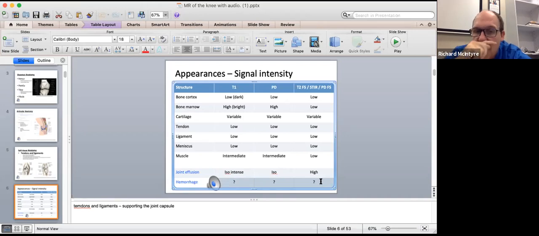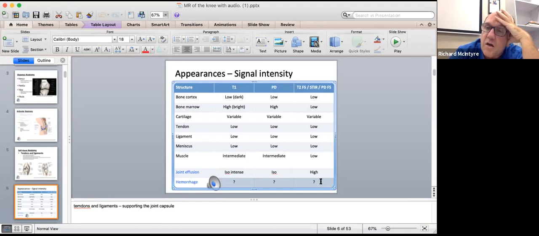Okay, so we know, and it also depends on the type of sequence. We know that new bleeds, the ferritin in the blood causes dephasing in gradient echo, so it's going to be dark. As the blood evolves over the next couple of days or weeks, the composition changes, so the signal changes.